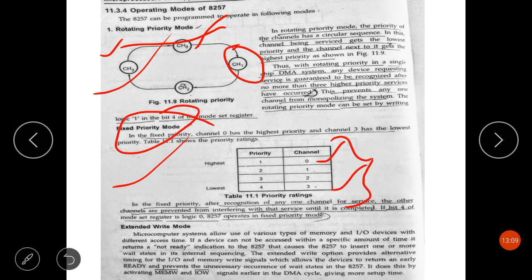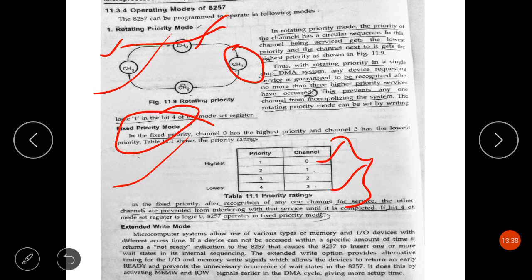We know that a microcomputer system allows use of many types of memory and input output devices which have different access times. If any input output device cannot be accessed within a specific amount of time, it returns a not ready indication to the DMA controller. That causes the DMA controller to insert one or more wait states in its internal sequencing.